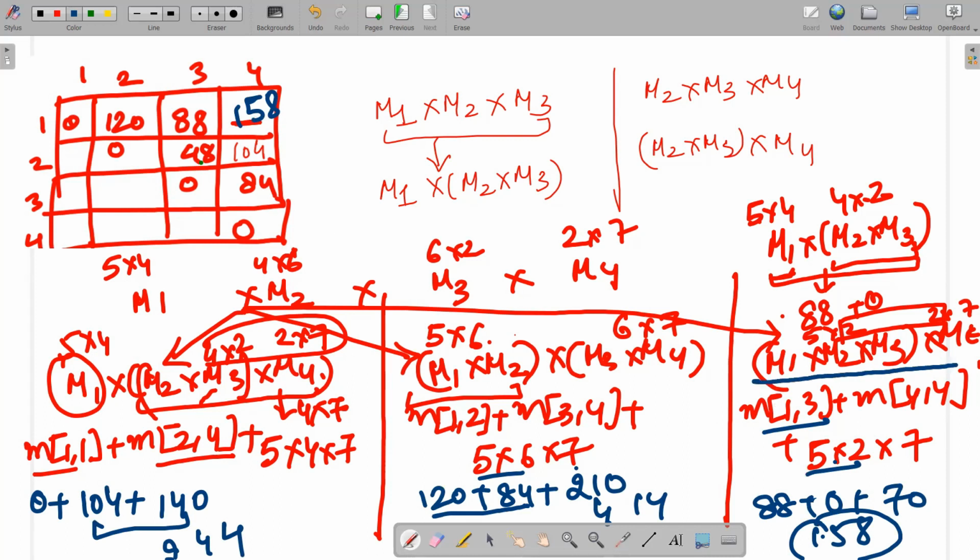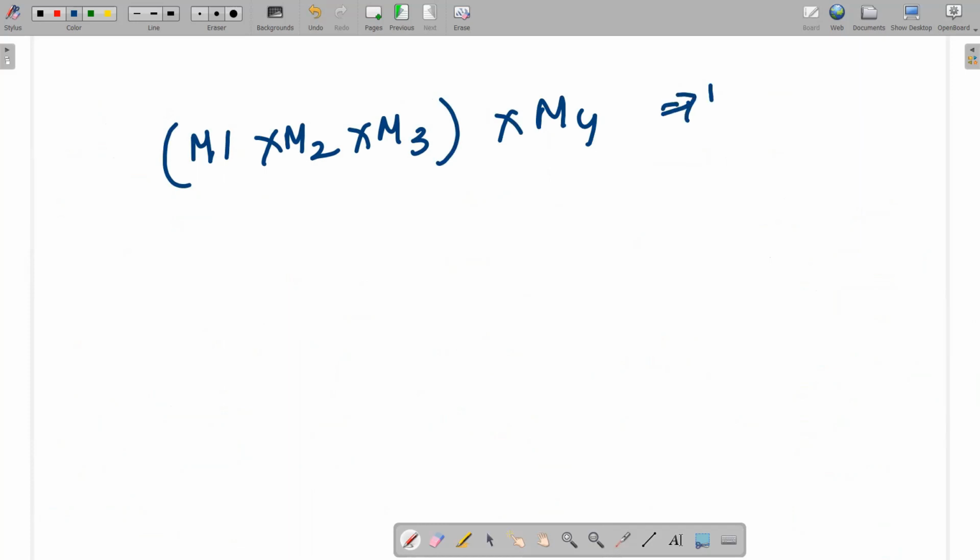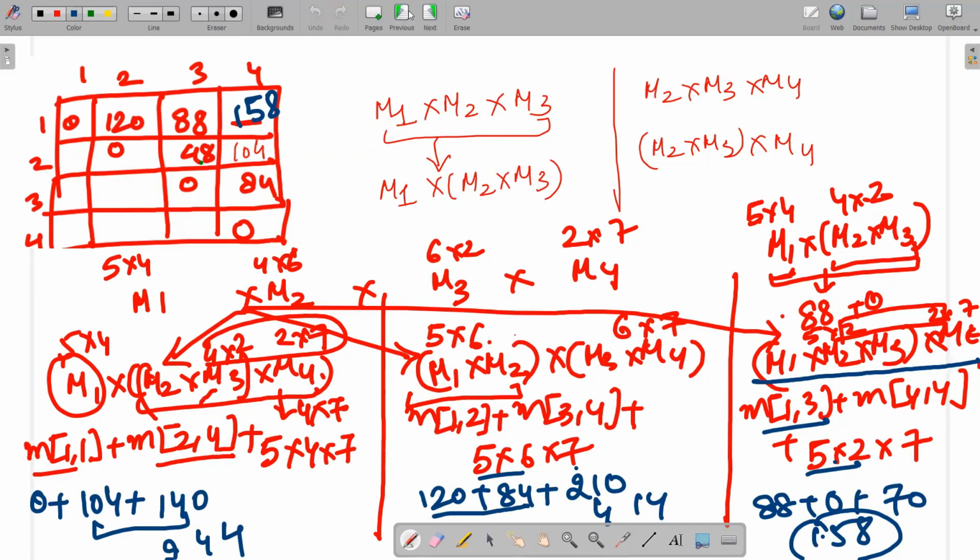that this particular chain is giving the lesser result. So it means M1 multiplied with M2 multiplied by M3, when it is multiplied by M4, this is giving minimum cost, which was 158, which we calculated earlier. And we all know that M1, M2, M3 is also breakable. How?